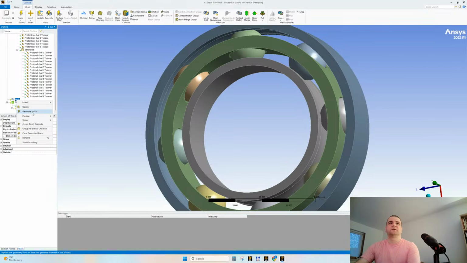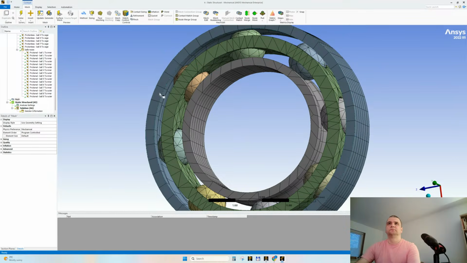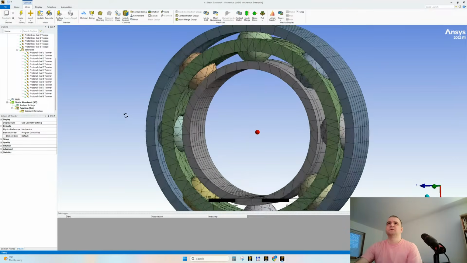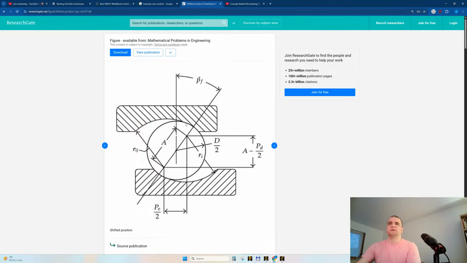Right click, generate mesh. Yeah, so the mesh is pretty coarse. I will come back to this drawing. So we'll need a friction here, in order to impose a rotation, we'll have like a sticking state of the contact, to force the ball to rotate. Also we'll need friction here.